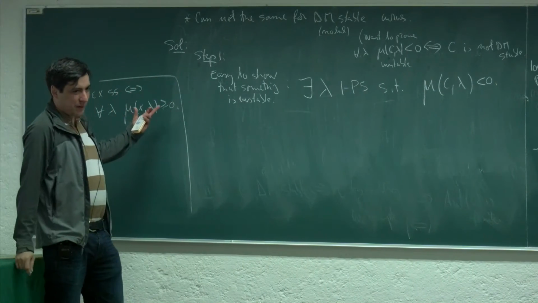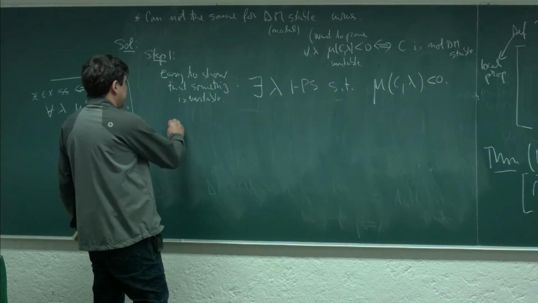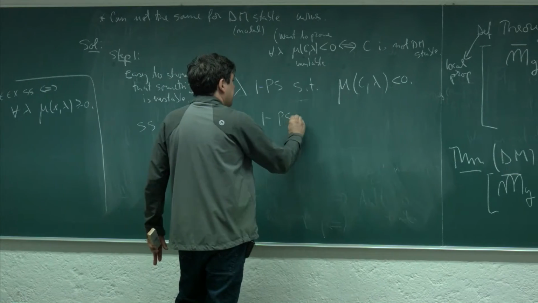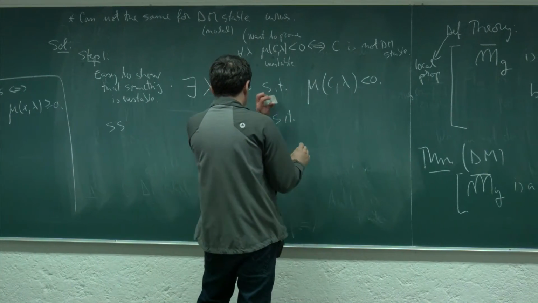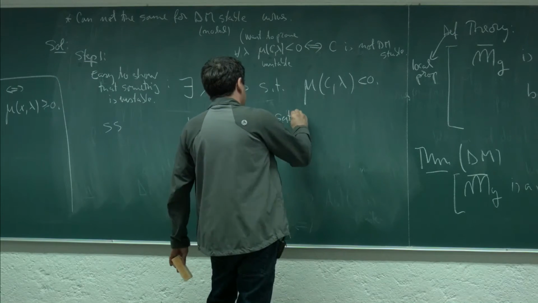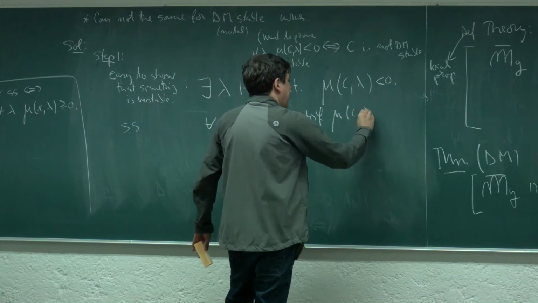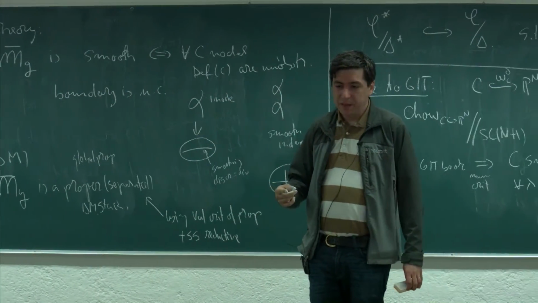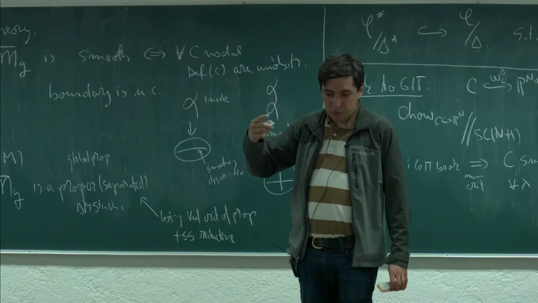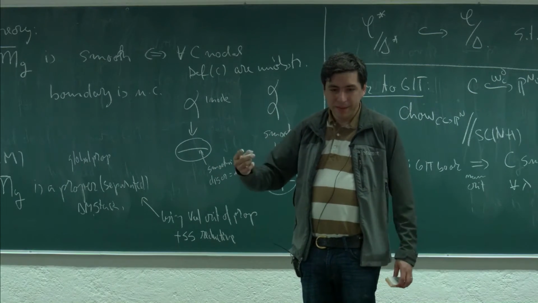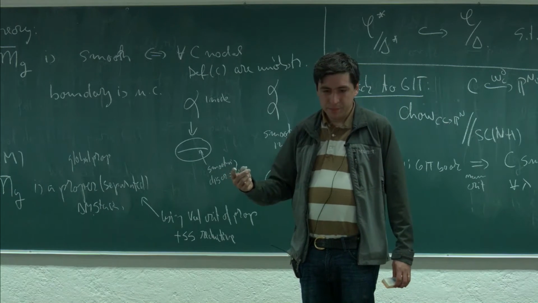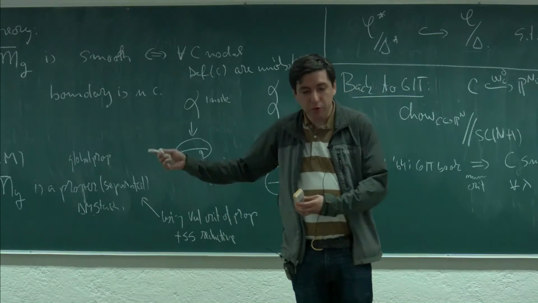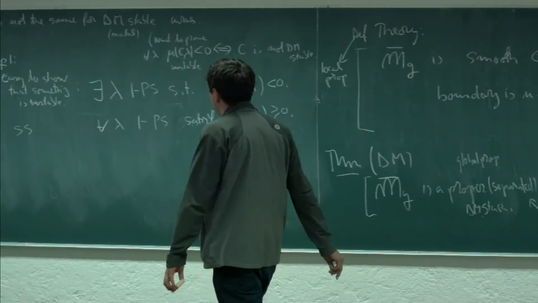This is the negative of this one. But to show that something is semi-stable, you need to prove that for all one parameter subgroups lambda, mu of C, lambda is greater or equal to 0. So to show that something is unstable, you really need to get a one parameter subgroup that does the trick. But to show that something is semi-stable, you need to show that for any one parameter subgroup you have a certain property. It's much easier to find that one exists.